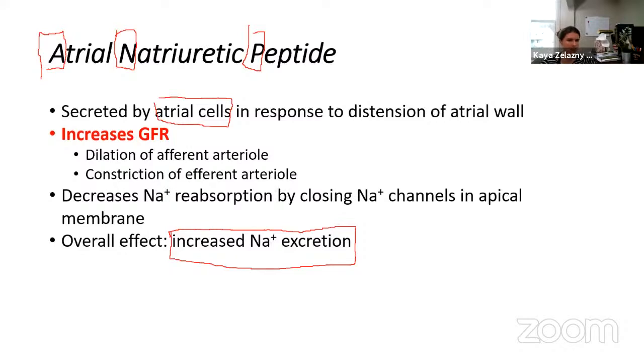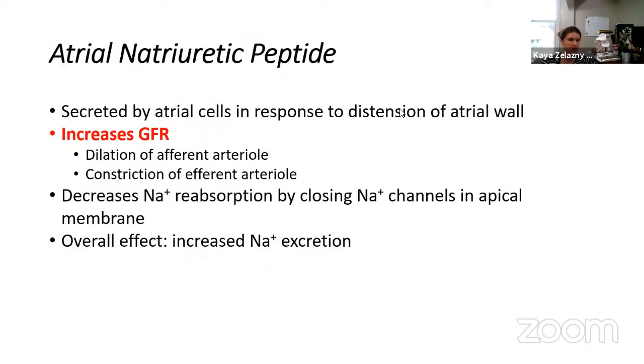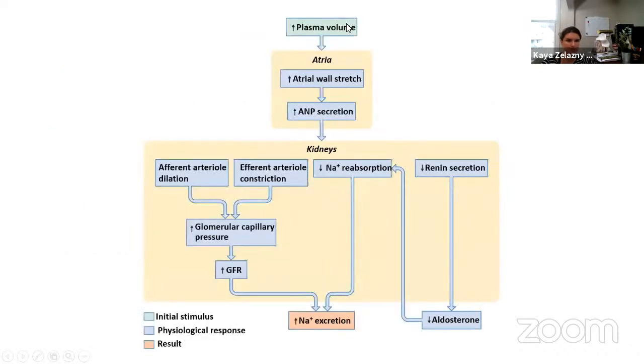So this is the opposite of aldosterone. That's why we're covering ANP, because remember that the pathway for aldosterone was increasing sodium reabsorption in order to ultimately tell us to reabsorb more water. Now we're increasing sodium excretion. So we're really kind of turning off aldosterone. That's what we're doing with ANP.